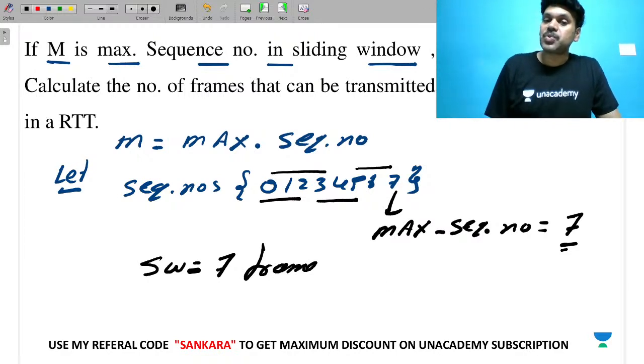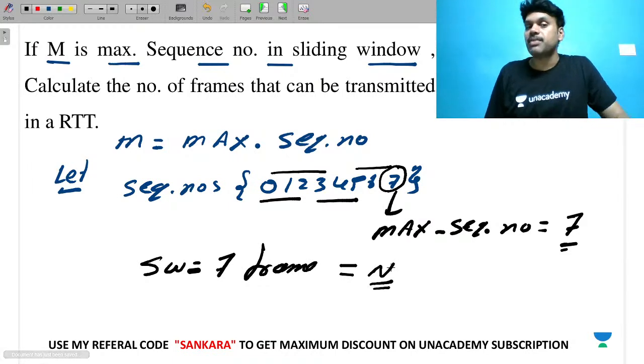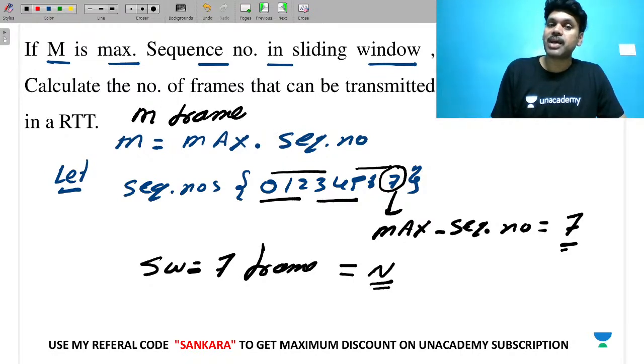The n-1, whatever the maximum sequence number you are choosing, that is what the sender is able to use, which is nothing but 7. Therefore, if M is the maximum sequence number in sliding window, how many frames can I transmit? M frames only. This is your answer.